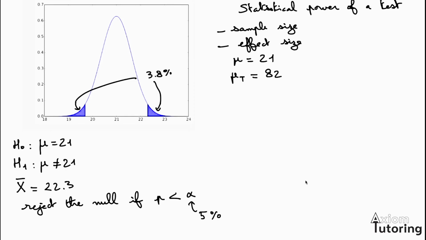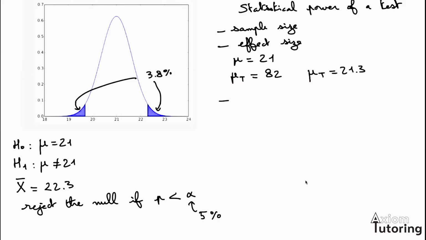Well, clearly, this will be an easier null hypothesis to reject than if the true mean is 21.3. This still means that the null hypothesis that we're testing is false, but as you can imagine, this is harder to detect than a mean that is vastly different from the hypothesized null.